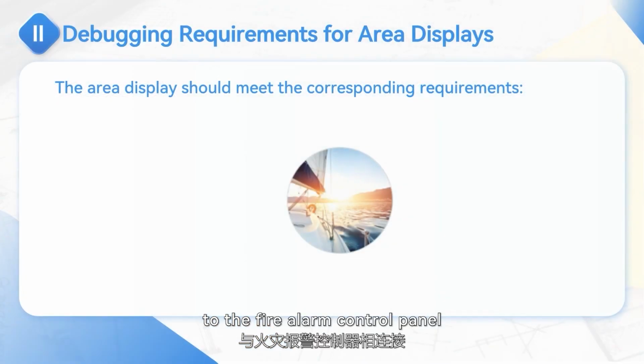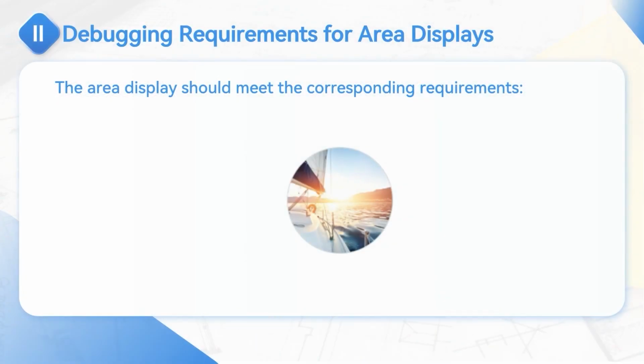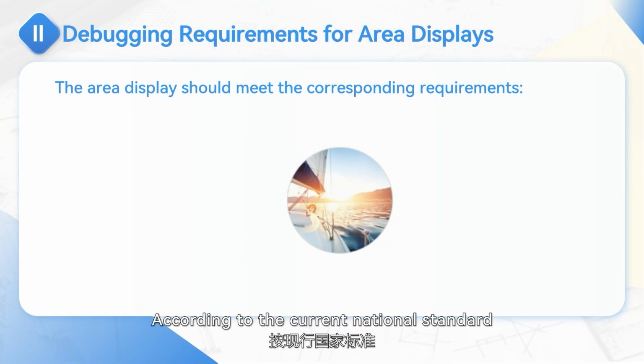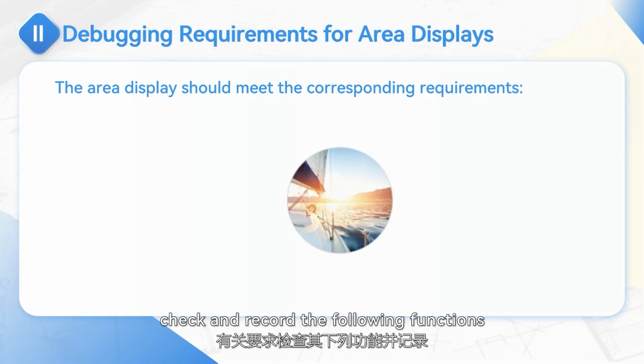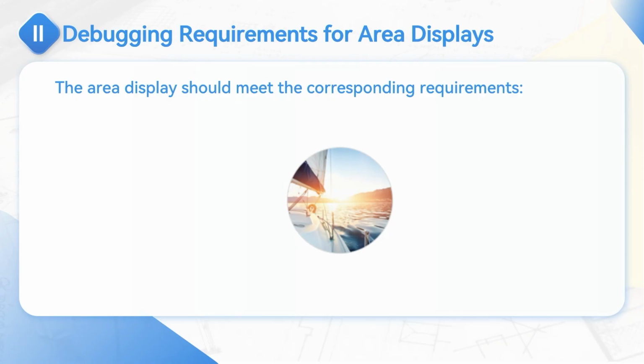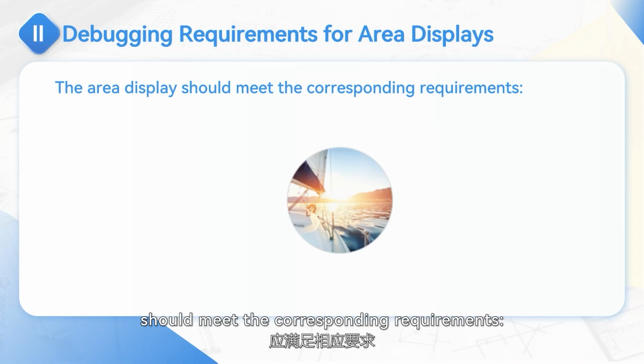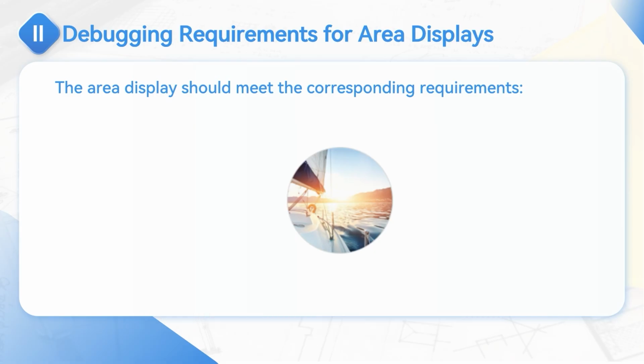Connect the area display to the fire alarm control panel. According to the current national standard, General Technical Conditions for Fire Indicating Panels, GB 17429, check and record the following functions. The area display should meet the corresponding requirements.